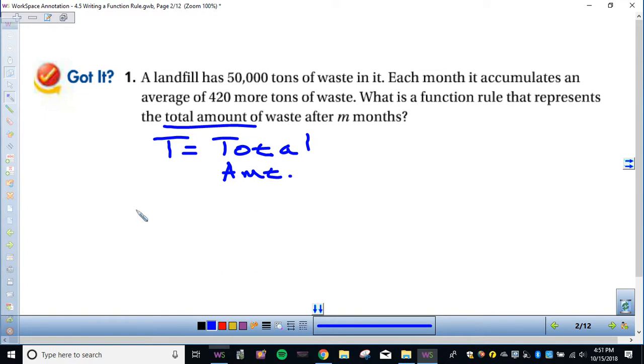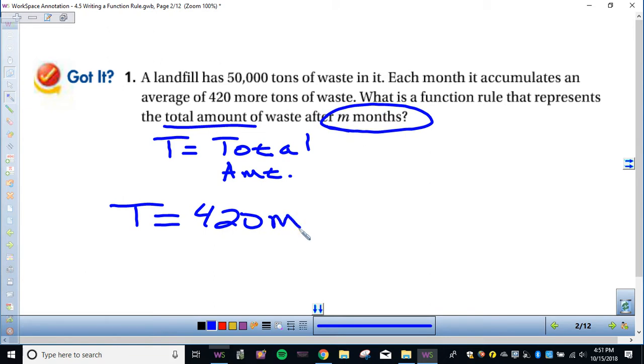In our problem, it's going to be T equals 420. Remember, they told us to use M for months, so we're going to have 420M, and then we just add the 50,000 tons that was already in the landfill.